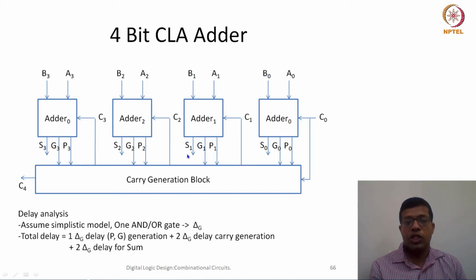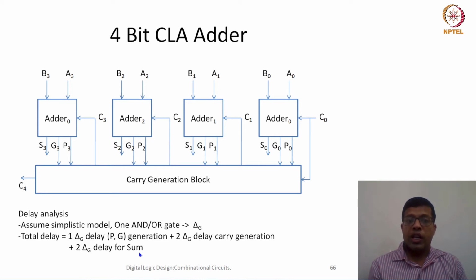That means C1, C2, C3, C4, all of them would be generated in 2 delta G. Once carry C3 is generated, I would require another delay for calculation of sum. This sum would require an XOR gate, which we again consider as 2 delta G. So the total delay would be 7 delta G.